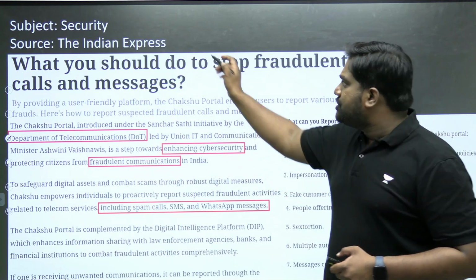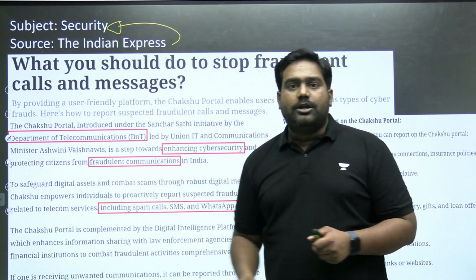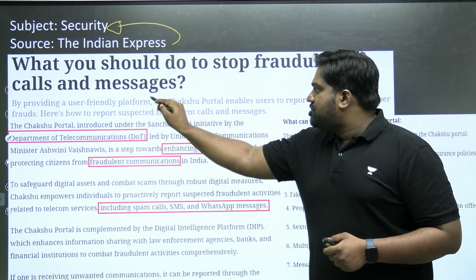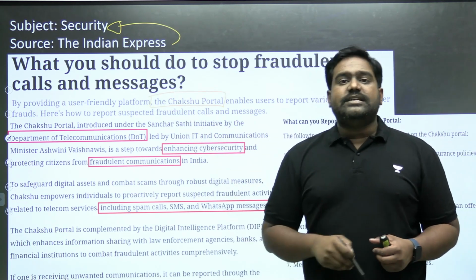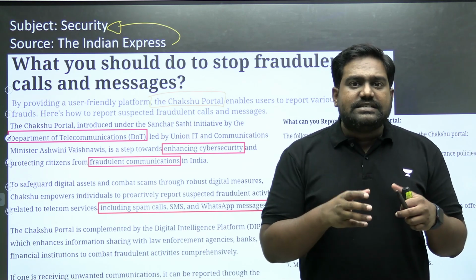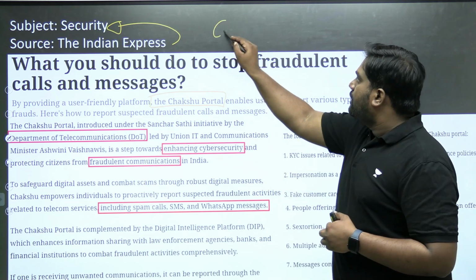This topic was in news because we had another important article in the Indian Express that was referring to the Chakshu Portal that was recently launched by the Department of Telecommunication. This is a cybersecurity initiative.